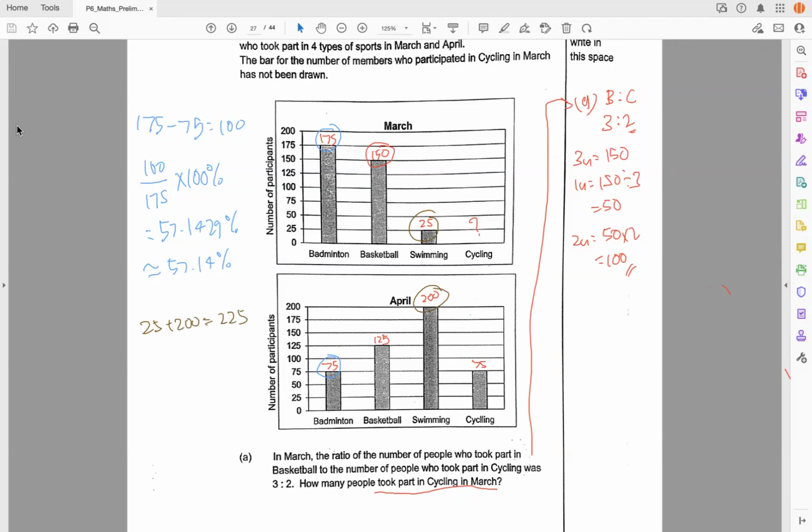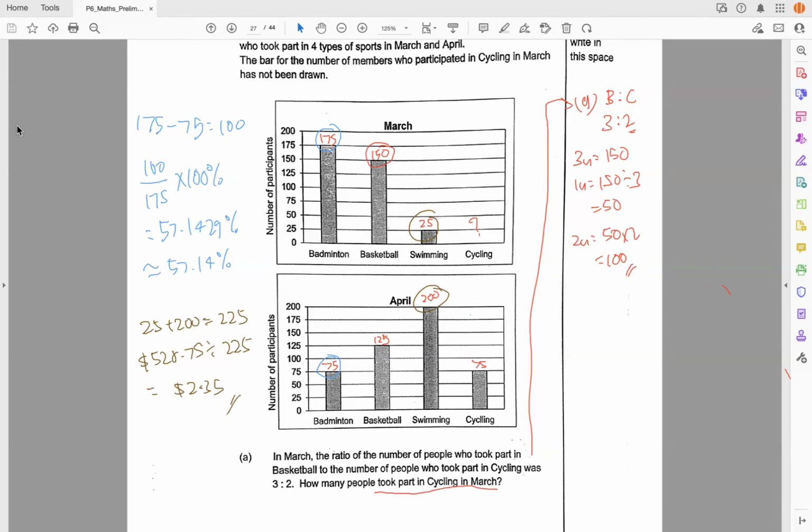So one person will be 528.75 divided by 225. That's the answer. So that's how much the entrance fee was for each child, for each member. Okay. Let's go on to the next question.